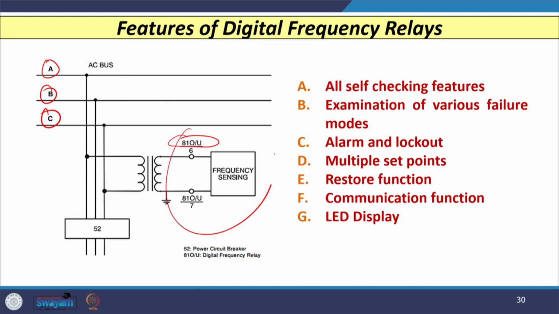The frequency sensing is carried out from the secondary of PT, and the digital frequency relay which is used by most of the utilities has all self checking features. These relays are capable of examining various failure modes. They have the facility of alarm, lockout, multiple set points, restore functions, and additionally they also have communication capabilities.